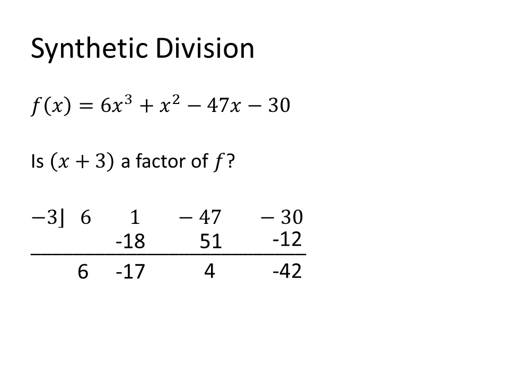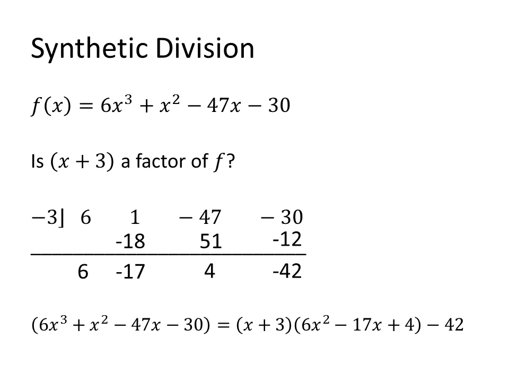Synthetic division is actually very useful because from here, we can write the polynomial in a slightly factored way. Notice that if we wanted to factor 6x cubed plus x squared minus 47x minus 30 by x plus 3, that is, if we wanted to factor x plus 3 out, we could do so, and what would be left is 6x squared minus 17x plus 4 with a remainder of negative 42.